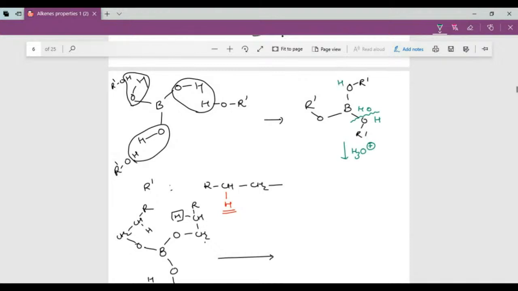Okay, so again H, OH, again H, OH. As you can see, B(OH) thrice plus R dash OH. These OH are coming from water.